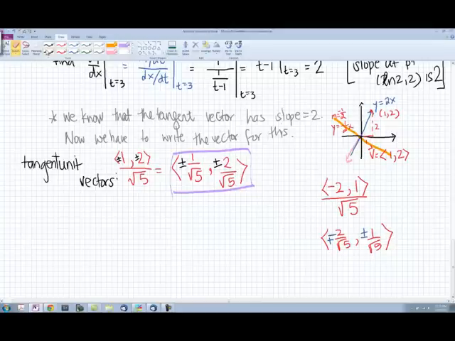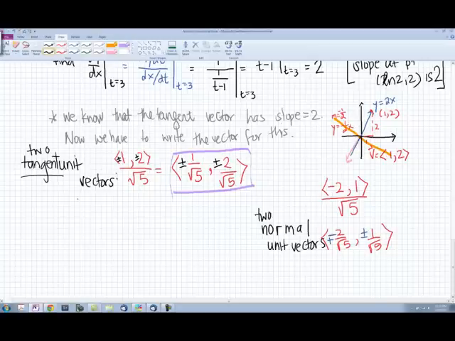And this one right here that we just wrote out would be the two normal unit vectors. And these are the two. So there you go. Some calculus stuff with our vectors.